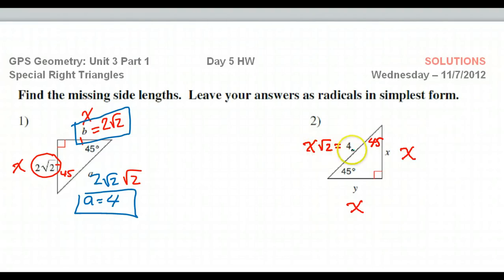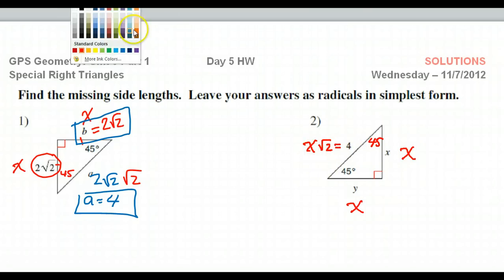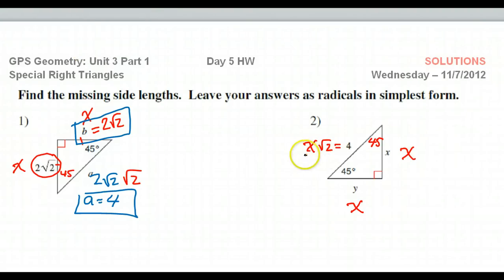X root 2 must equal 4. So I just need to divide both sides by root 2, like this. So x is going to equal 4 over root 2.